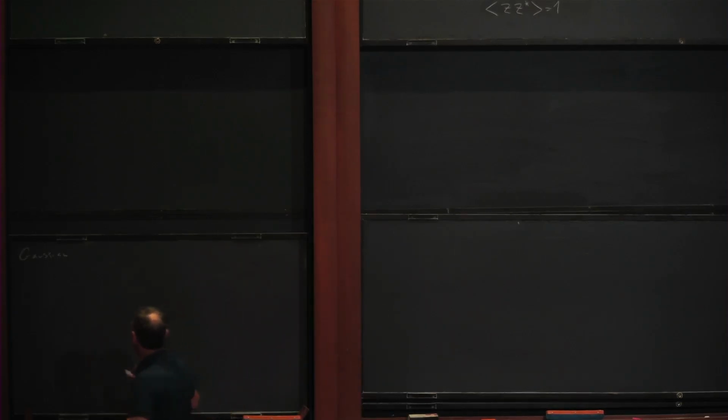In principle, we could do it like this. We could say if we want to know what the expected value of x1 times x2 times x3 is, just do the integral over all your x's of x1, x2, x3 times this probability distribution.